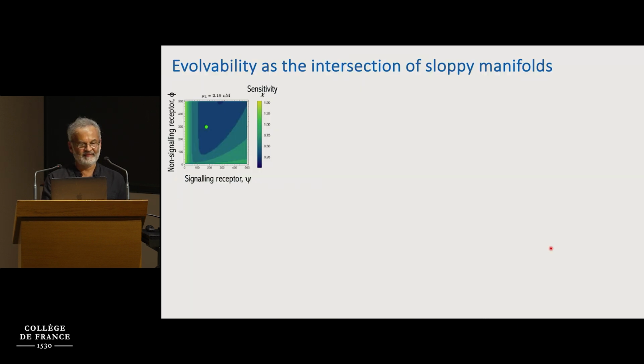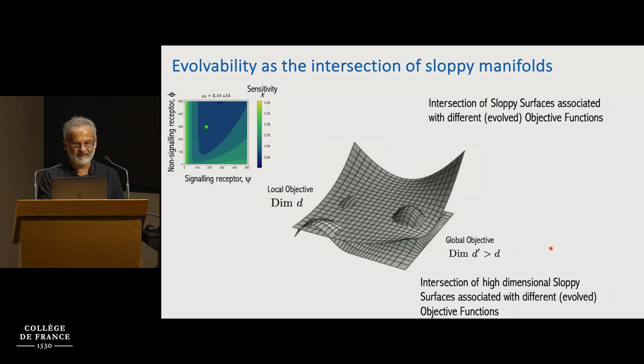I'll just end very quickly. If I look at the decoding problem and plot the signaling receptor versus the non-signaling receptor, then ask what value of the signaling and non-signaling receptor optimizes a local inference, it's given by that point here, shown in red.